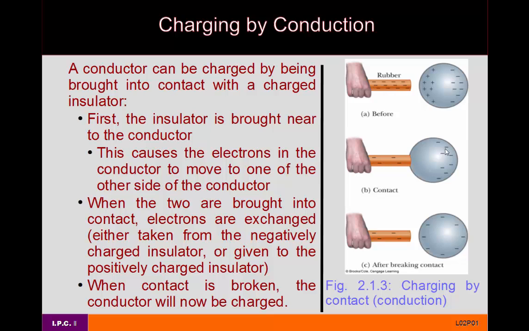When contact is made, some electrons will leave from the conductor to the insulator, and then when the insulator is removed, you'll end up having a bunch of positive charges here and a neutral charge here. So some electrons from here will be pulled until they're evenly distributed, and it will be a positively charged conductor.